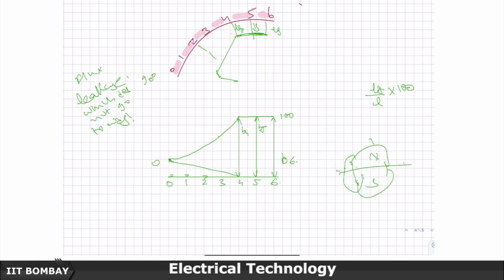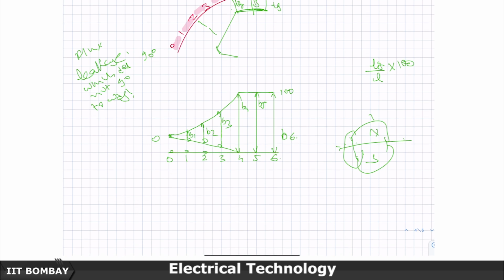So, actually it is something like this. This is B3, B2, B1, and this is where the 0 will come.